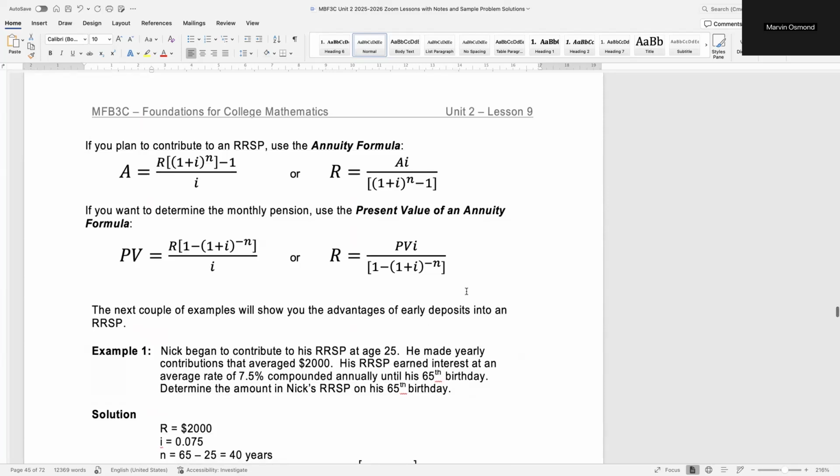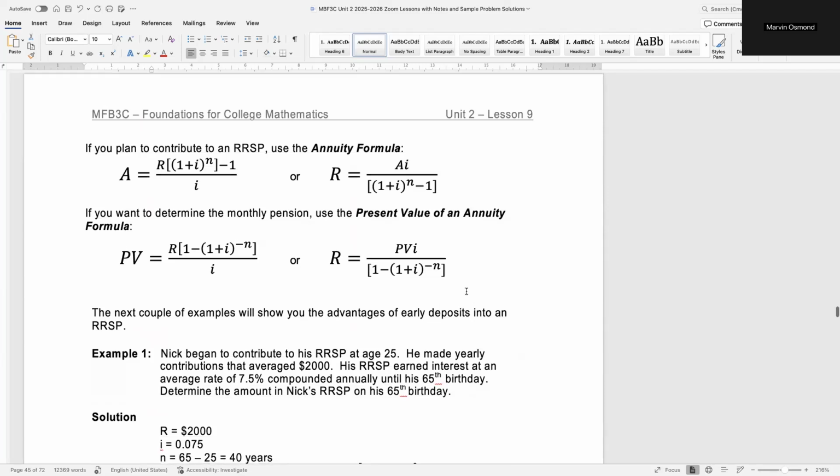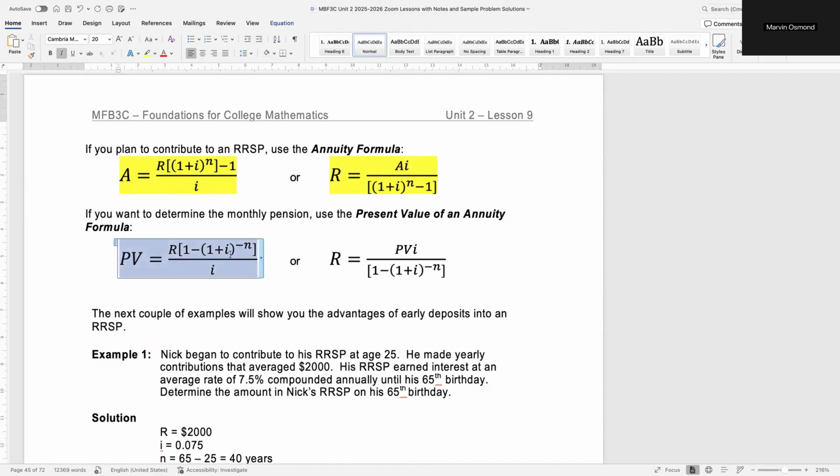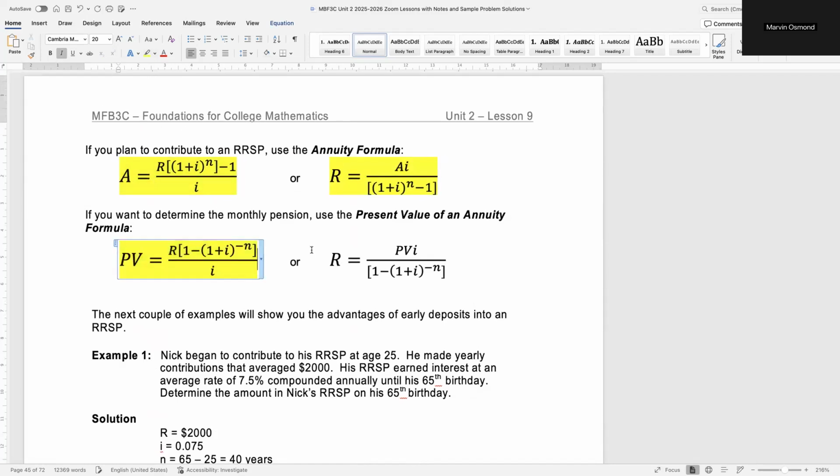Now, there are four formulas on the next page here. I'm just going to highlight them for you, in yellow. Some of them are similar to what we've seen before, but they're going to be slightly different. We've done the R value here, and we've done the PV.